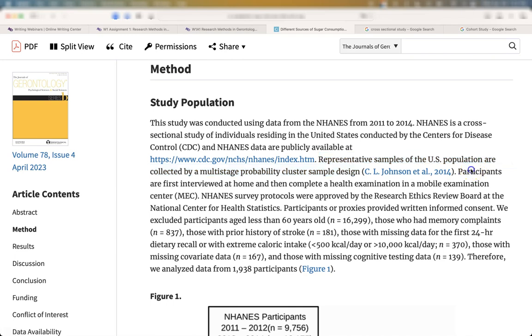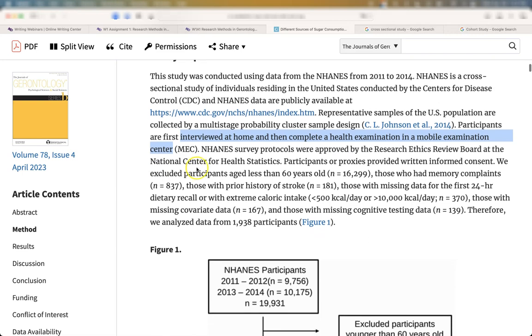And you can see that the data for that was originally collected using interviews at home and then a health examination in this mobile medical unit that was going around. Now, if we're looking at this, we can see that there's a lot of demographic data, some things about symptoms and patient history that were used to do that.